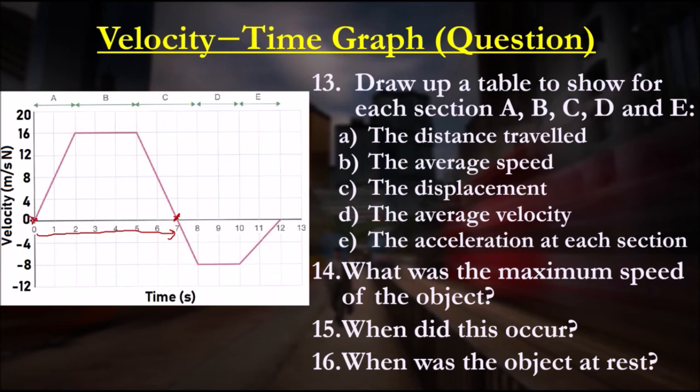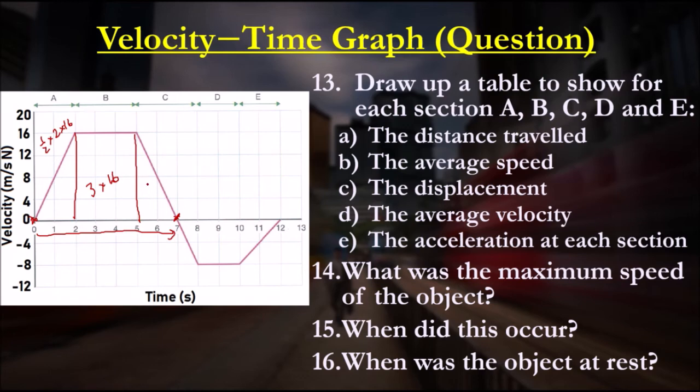We can split it into one triangle, one rectangle, and another triangle. To work it out, half times 2 times 16 gives us the area for this triangle. Then this rectangle, which is 3 times the height, 16, gives us the displacement here.